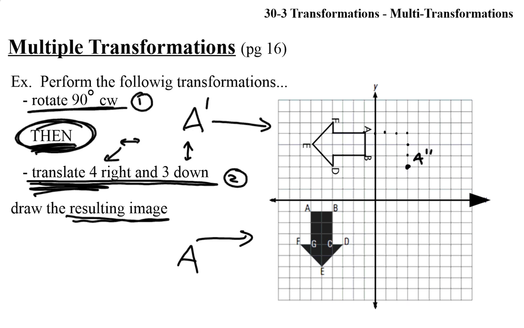There's my A double prime. Right now, this is technically A, B, C, D, A, B, D, E, F. I didn't put C and G. I don't need all my points. B prime becomes 1, 2, 3, 4, 1, 2, 3 down to B double prime. So A double prime, B double prime.